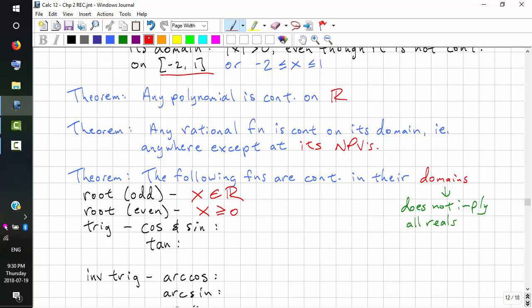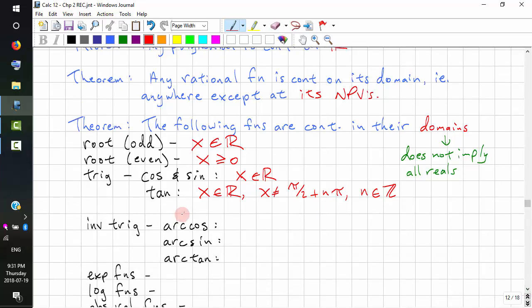Trig, cosine and sine, all reals. Tangent, we can write it this way. X is all reals except x does not equal the asymptotes. Okay, so the asymptotes occur at all the odd pi over 2's.